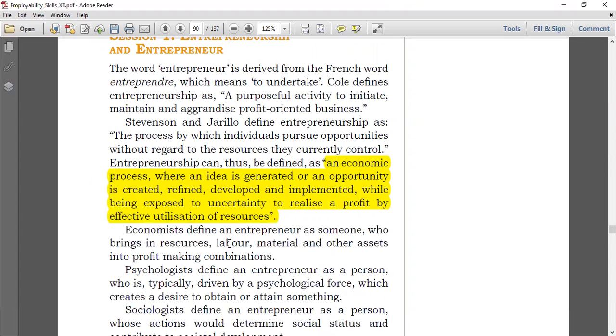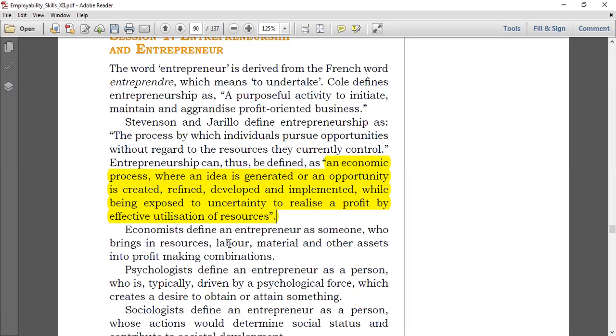तो ये एक process है जिसमें one person creates an idea. Like if I want to start some business, I must have an idea. So we generate an idea, where we can create, then we can redefine, then we can develop and implement whatever idea you have thought in your mind regarding any business.